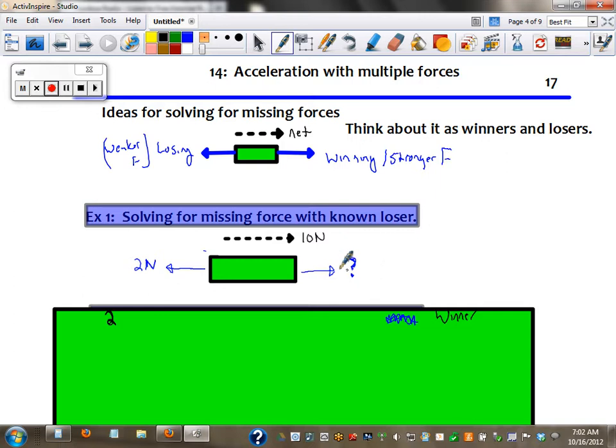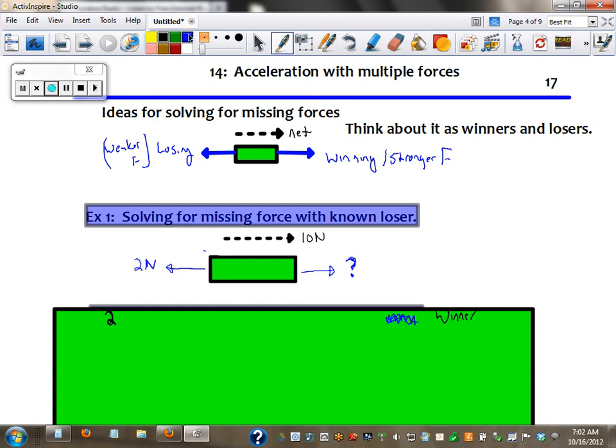So question, how do I know this is the winner? The answer is the net force is always pointing in the direction of the winner. That's why the net force is that way. So the difference between these two is 10.